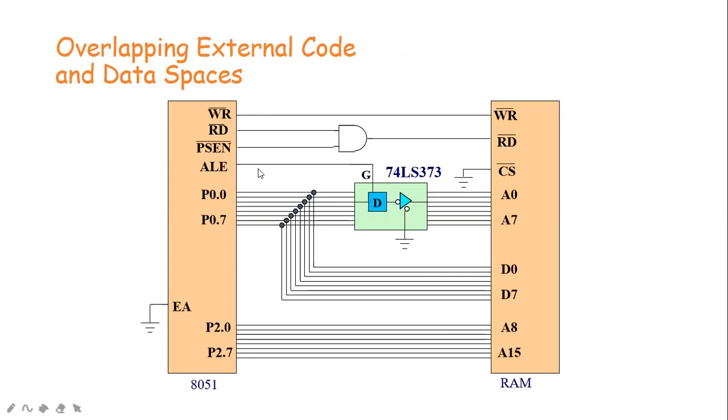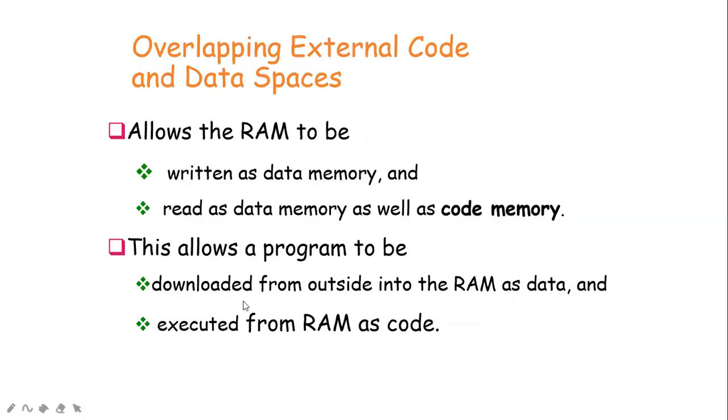So RAM, overlapping external code and data spaces. In that case, there is an AND gate, read bar and PSEN bar, and this is read bar. The remaining connection is similar. This allows a program to be downloaded from outside into the RAM as data and executed from RAM as code.